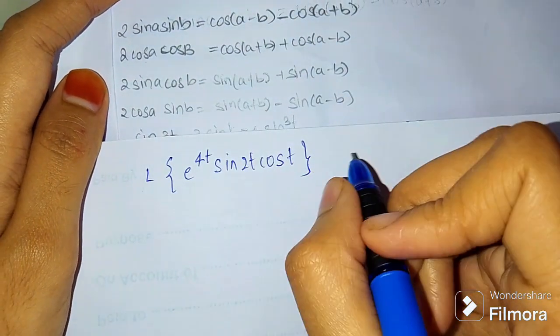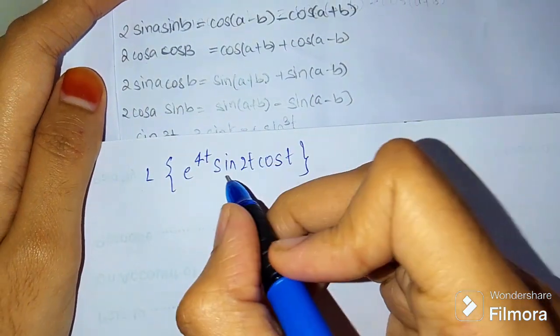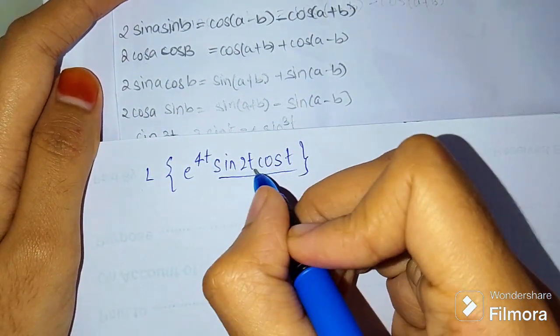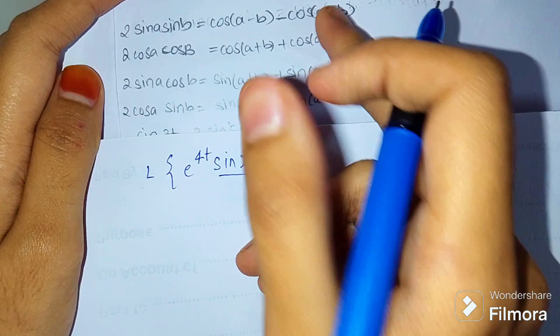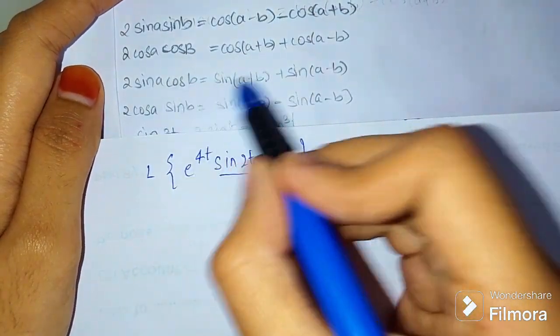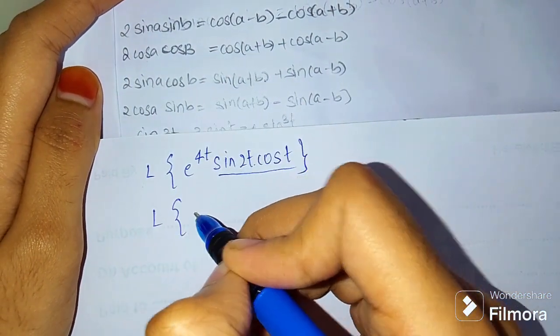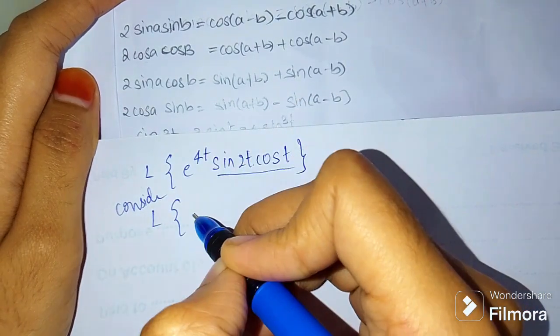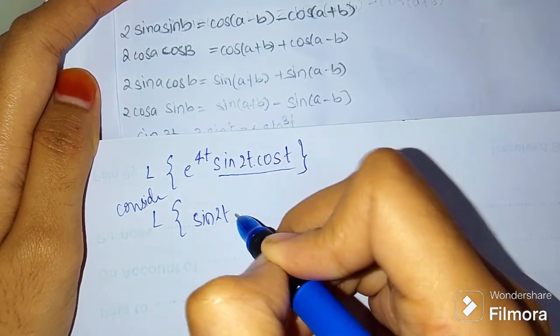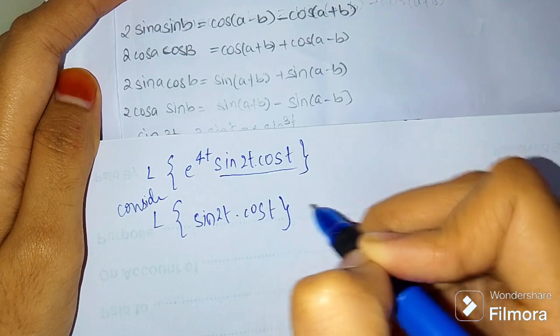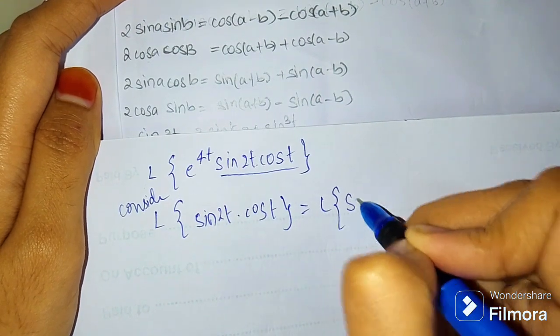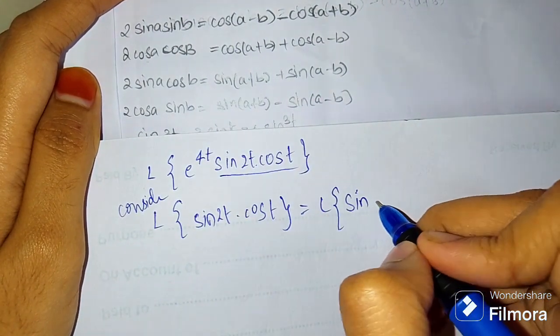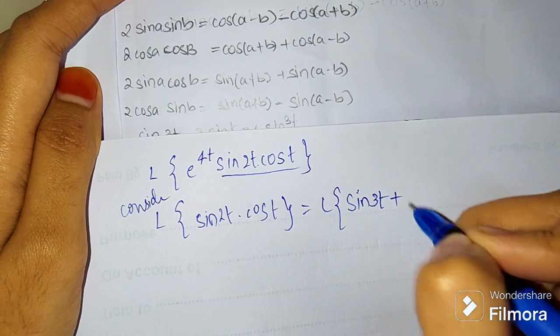So this, how will you find? Product is there, so we should convert using the formula sin A cos B. Consider Laplace of sin 2t cos t, which is sin of A plus B, 2t plus t, 3t, plus sin of A minus B, which is t.